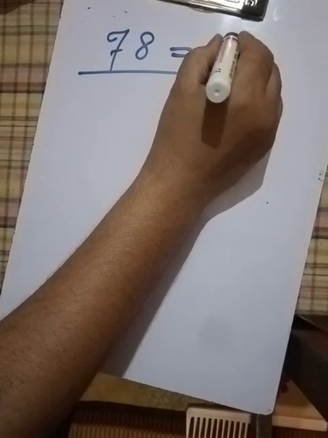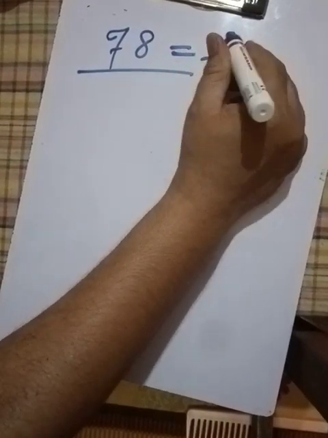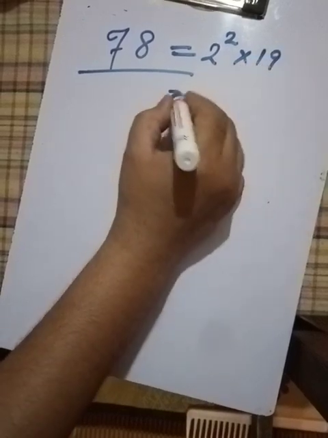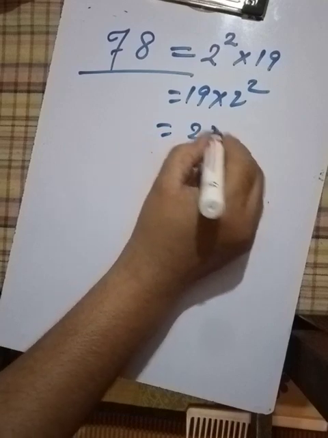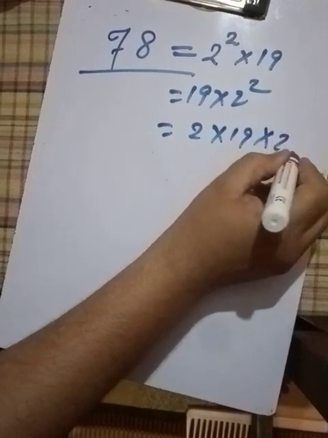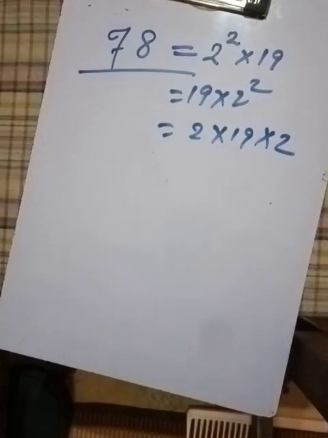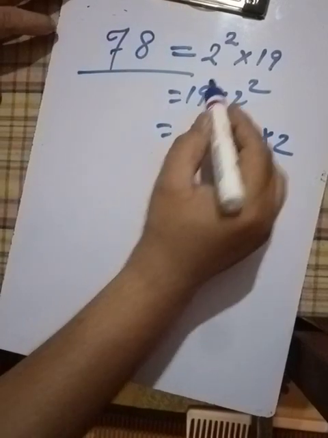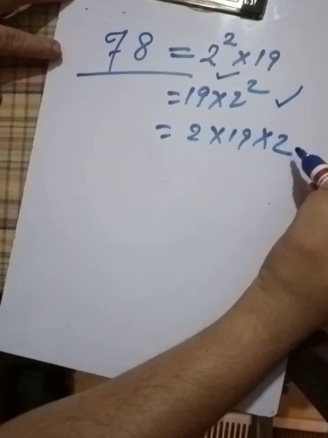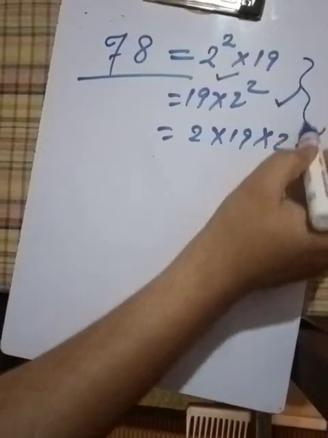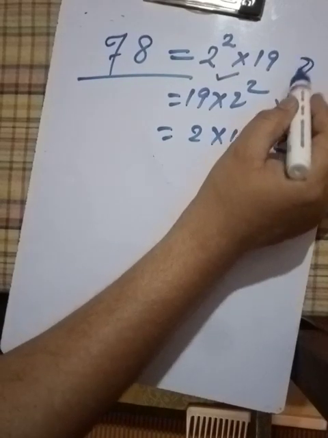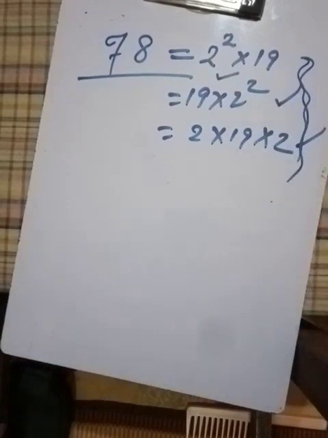Suppose you write it in this form, 2 to the power 4 into 2 to the power 2 into 19. You can write it as 19 into 2 to the power 2, or 2 into 19 into 2. In all the cases, you will understand the same prime factors have come. So this order does not matter. If the rearrangement of the prime numbers does not matter, then this will be unique.